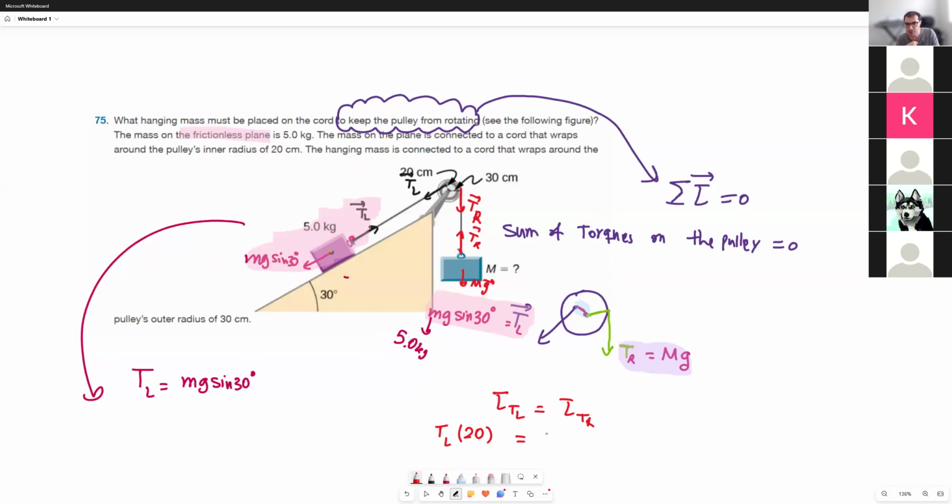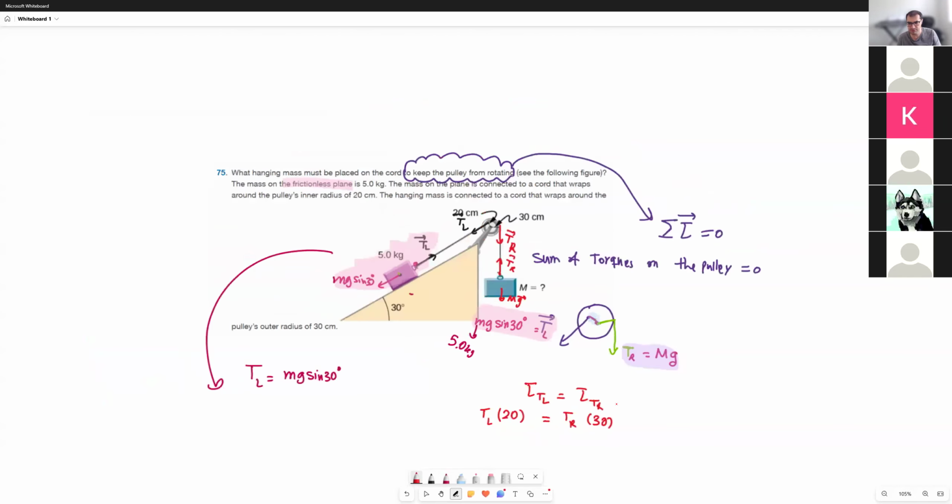And torque of TR is going to be TR multiplied by 30 centimeters. If you converted it to meters, you would get exactly the same result.